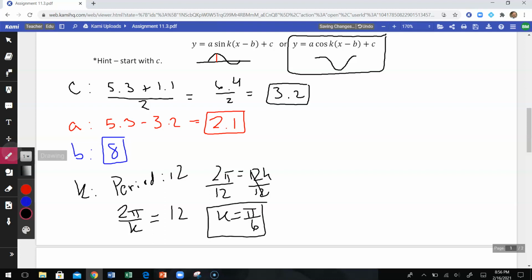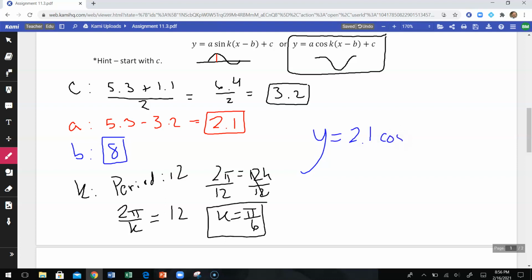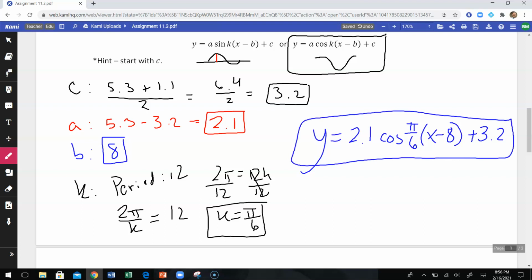Okay, so I've got all my information. I can write my equation. Again, I'm going to use cosine here. So y equals the A value, 2.1, times the cosine of k, which is pi over 6, times x minus B, plus C. That equation looks really complicated.